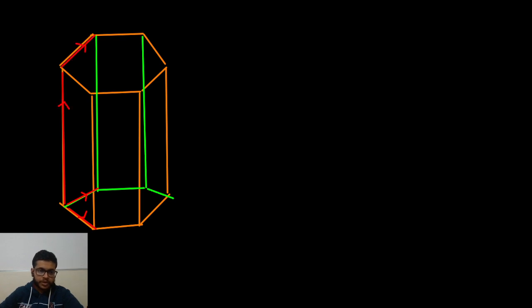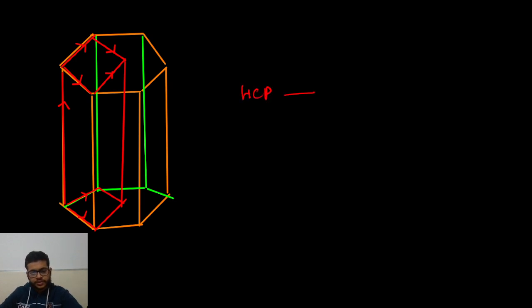They make a parallelepiped. There is only one lattice point. And if you put it in the formula, you will get that an HCP lattice gives you an HCP lattice.